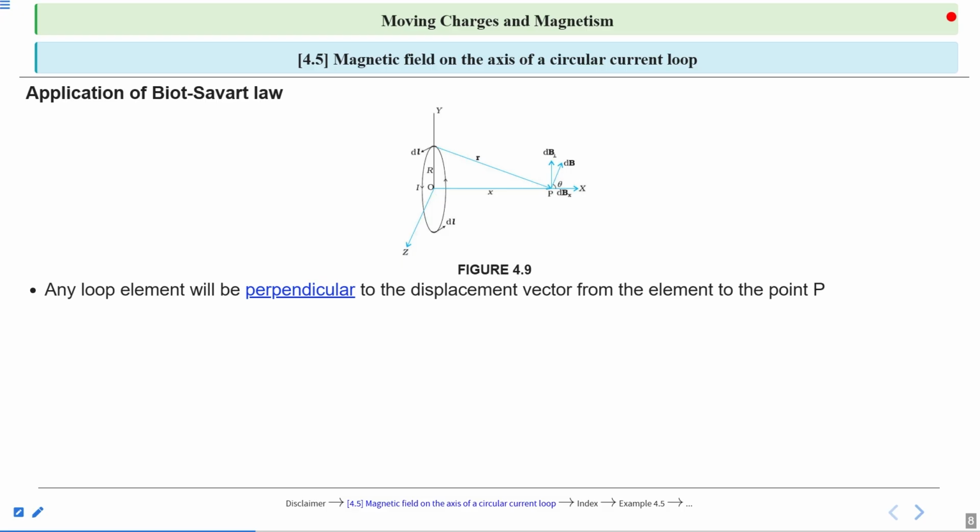So now you can see the loop is in the YZ plane, and this displacement vector r is in the XY plane.